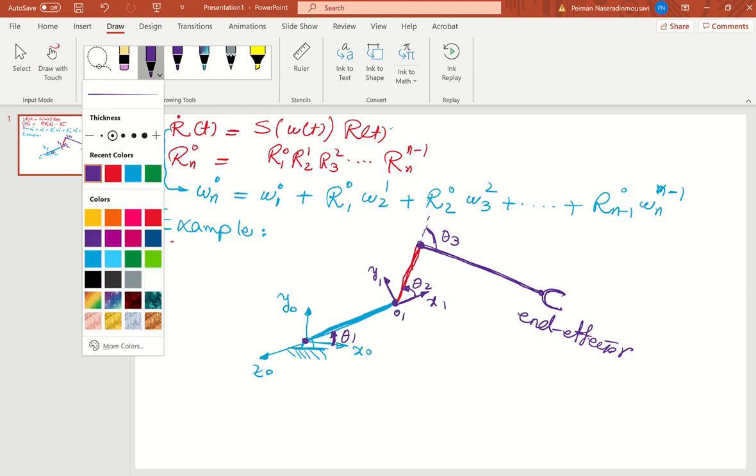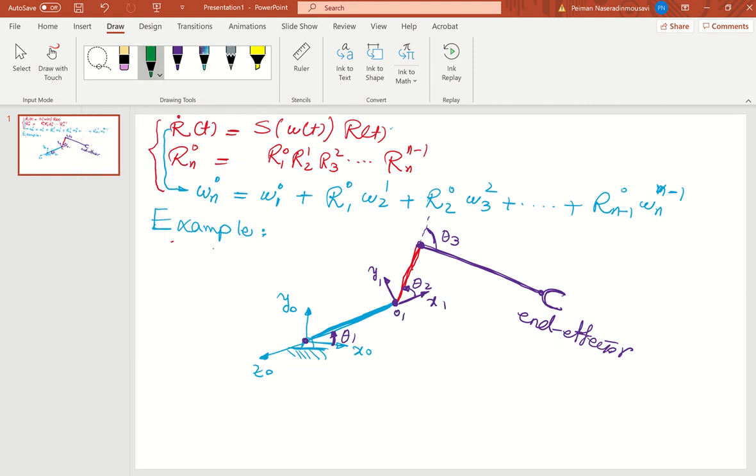Let me change the color. Suppose that this is in this direction, okay? Again, z3 is going to be out of the page, and z2 is out of the page, so this is going to be normal to both of them. This is x3, normal to them, and this is the minimum distance, right? And obviously this is going to be y3.